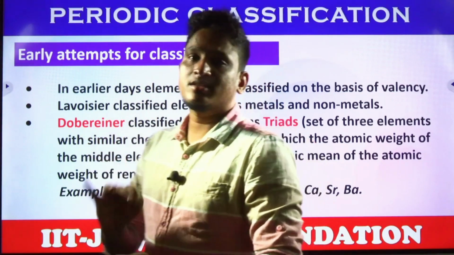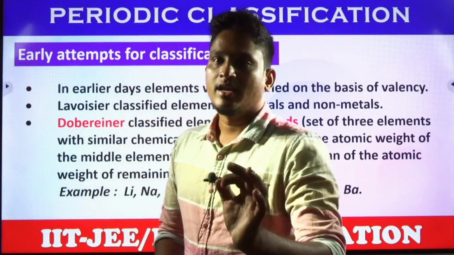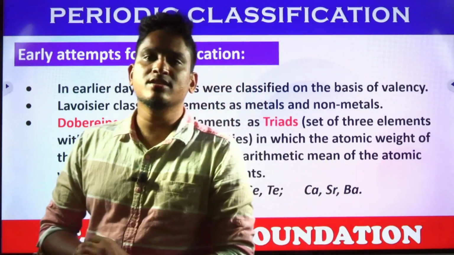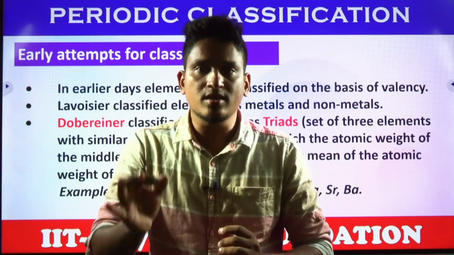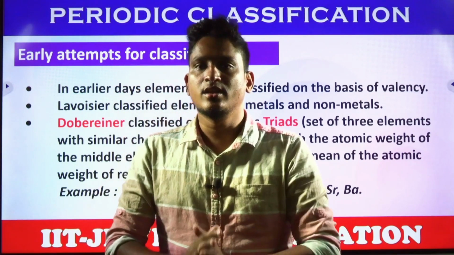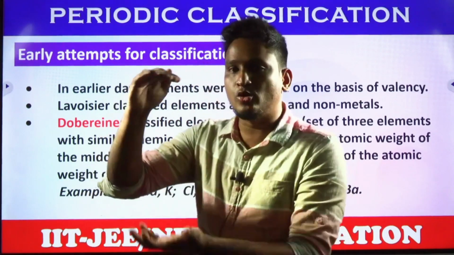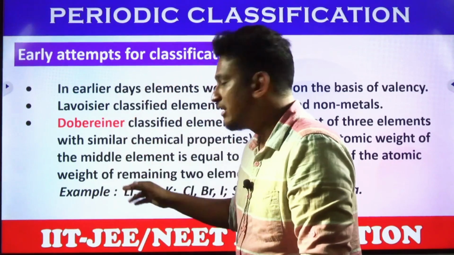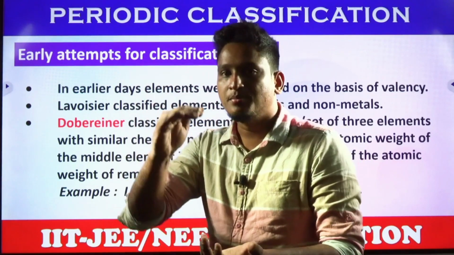Next, some significant classification was done by the scientist Dobereiner, and his idea of classification is triads. This classification is called Dobereiner's law of triads. He took three elements and placed them like a group. Look at the first group: lithium, sodium, potassium. Next, chlorine, bromine and iodine.